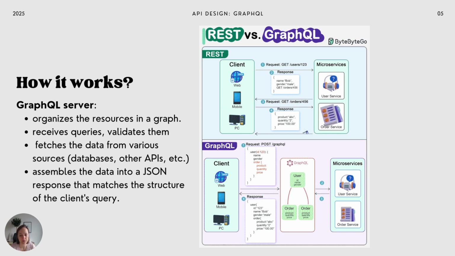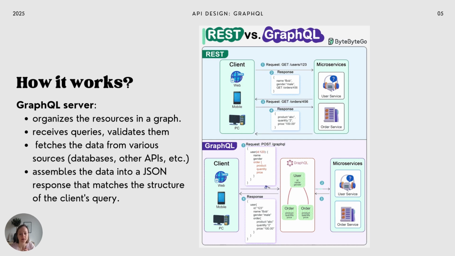You can see how the request in REST or GraphQL looks. So in REST, we send the direct request to a microservice that is supposed to handle it. The server executes this function and returns the result.